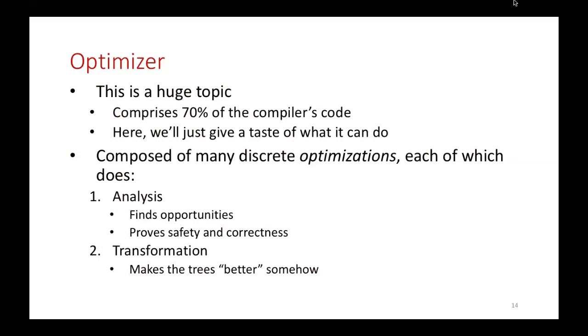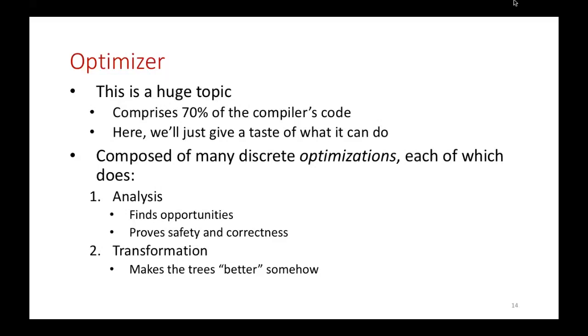And basically, an optimization behaves in more or less two phases, right? It basically does an analysis of what work is possible and what work needs to be done, so it's looking for opportunities. And it makes sure that any transformation it might want to do is done correctly and safely as well. Once it's done that analysis, it then goes through and does the actual transformation that manipulates trees.